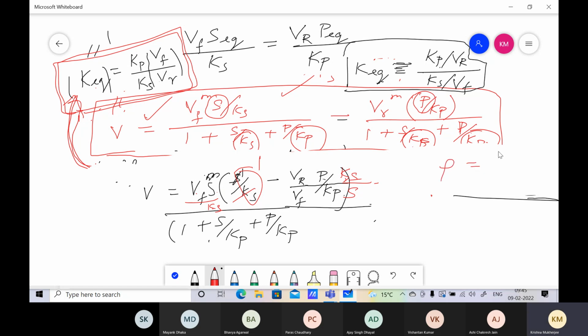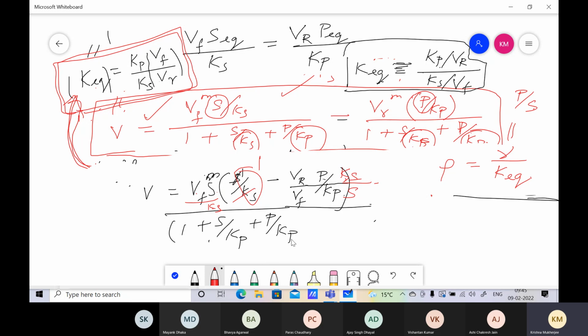I hope you remember your rho. Gamma by K equilibrium, and gamma was nothing but P actual upon S actual, the mass action ratio.